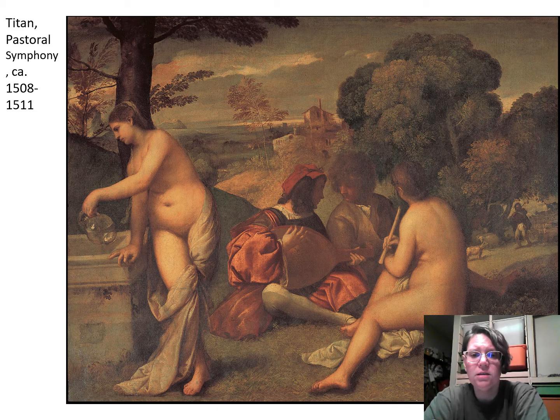The men that sit in the center of the painting are having a conversation. The women are nude, pouring water from a well, and playing a musical instrument. Take a good long look at the painting and see if you can figure out something that feels a little odd about the painting.